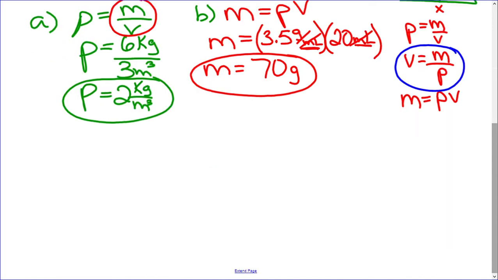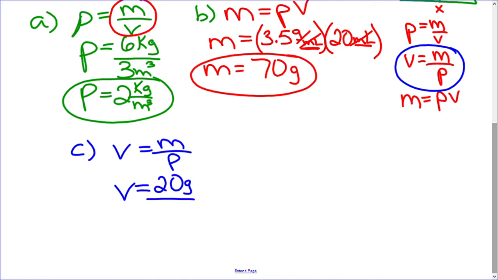So volume is equal to mass over density, which gives me 20 grams on the top, and on the bottom my density of 2 grams per cubic centimeter. My volume at the end is just 10 cubic centimeters.